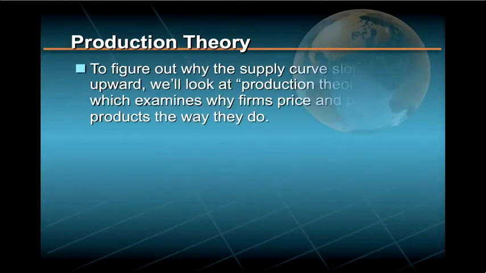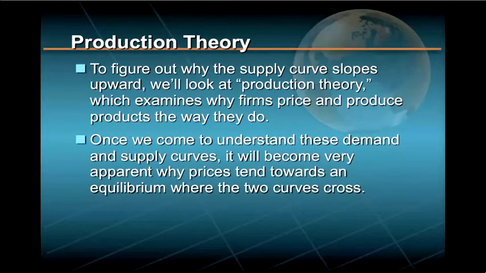By the same token, to figure out why the supply curve slopes upward, we'll look at so-called production theory, which examines why firms price and produce products the way they do. Once we come to understand these demand and supply curves, it will become very apparent why prices tend towards an equilibrium where the two curves cross.